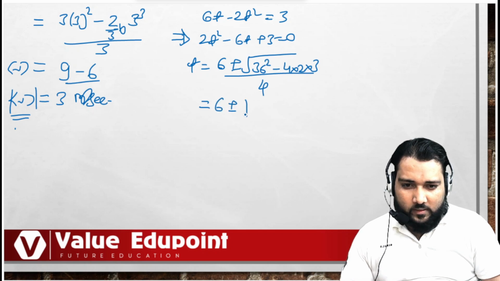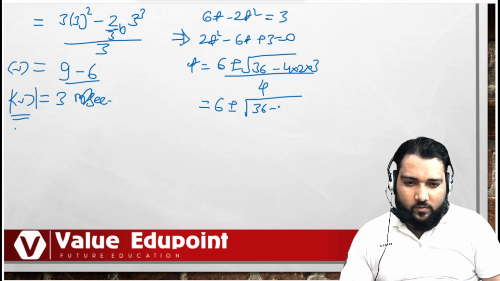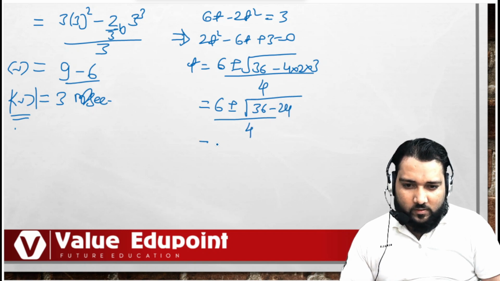Here, 6 plus minus under root, sorry, when you square b, b square will be 36. So 36 minus 24, upon 4. Inside the root it comes out to be 12 upon 4, so we can write 4 into 3, and 2 comes outside.